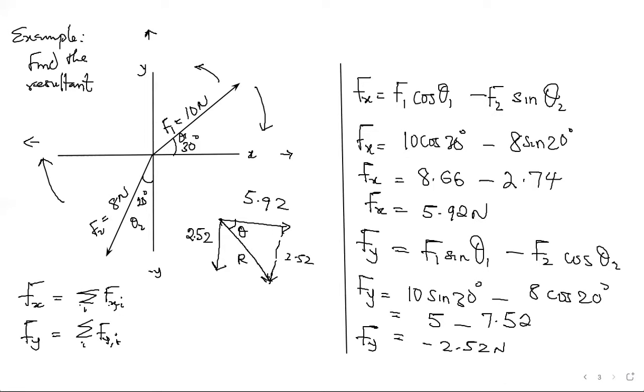Okay, so let's use another page. I have 5.92 and I have 2.52. Then I have the resultant like that, and this is the angle. Don't mind me, I didn't draw the line to scale.